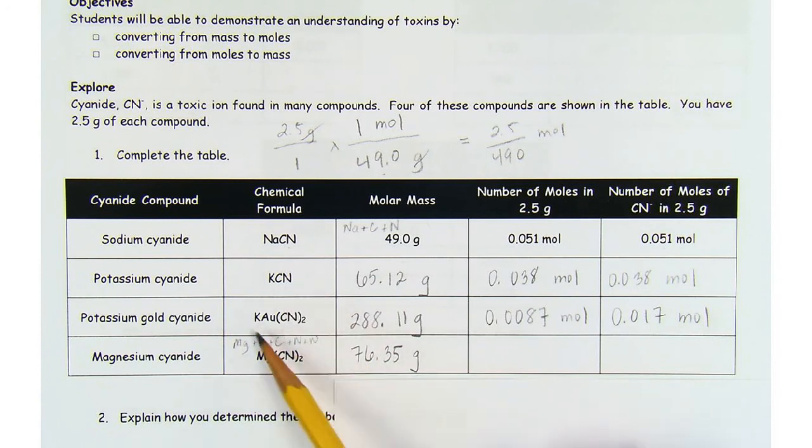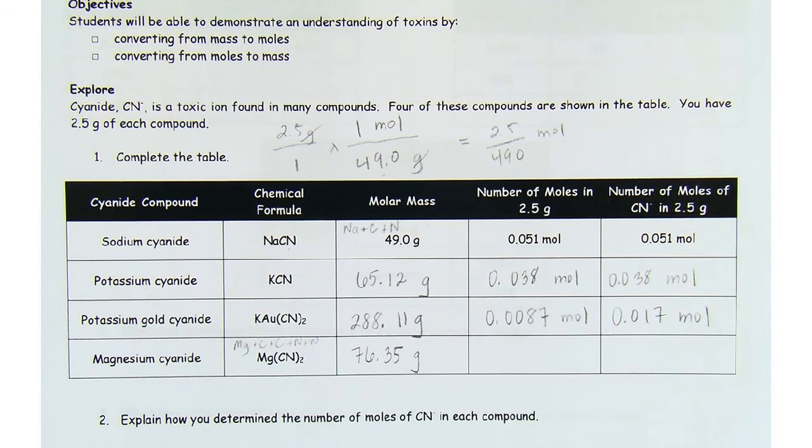For every 1 potassium gold cyanide I have 2 CNs, 2 cyanides, so you have twice as many cyanide pieces as you have of the whole thing. If you multiply this by 2, you should come up with this answer. I'll leave you to figure out the last case, magnesium cyanide. Is it more like the first 2 cases or like the third case?